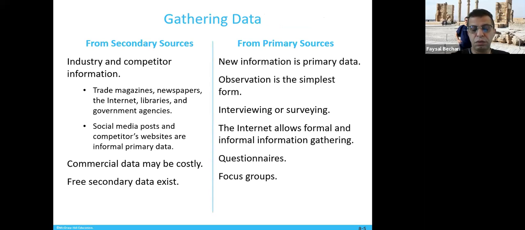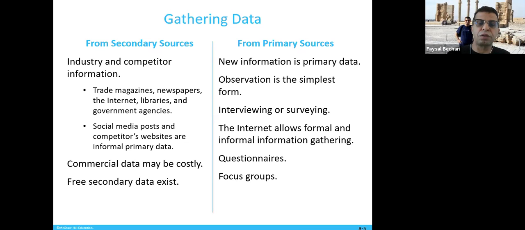Now, to do that, you need to gather the data. The data comes from secondary data and primary source data. Secondary data is data that is already available, and you just collect it. You just fetch it.